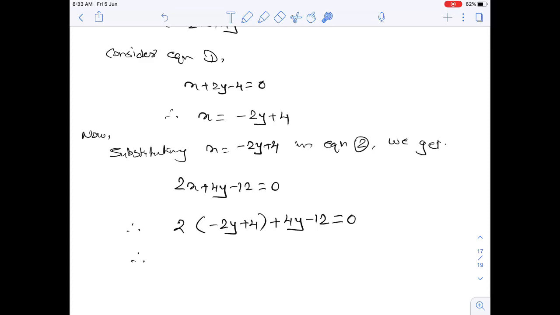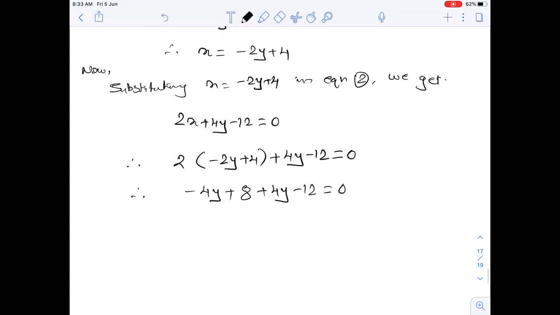Therefore now this 2 will multiply to minus 2y and then it will multiply to 4. So 2 into minus 2y will be minus 4y, plus 2 fours are 8, plus 4y minus 12 equals 0.